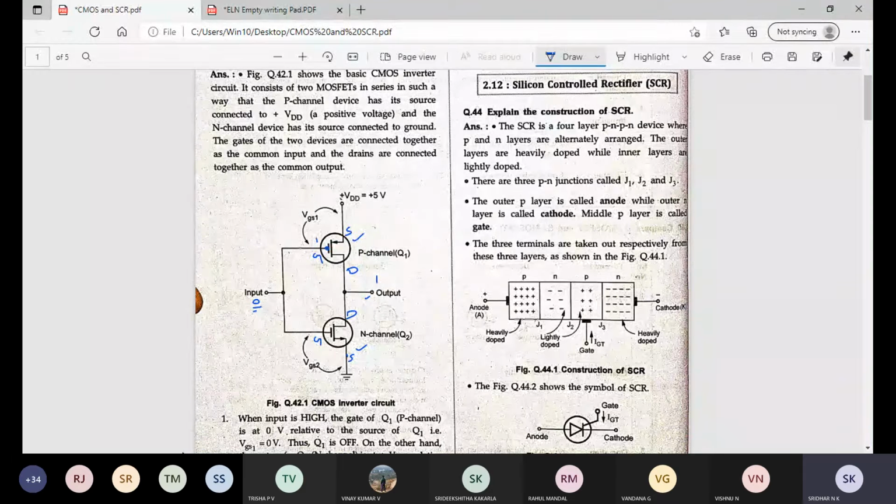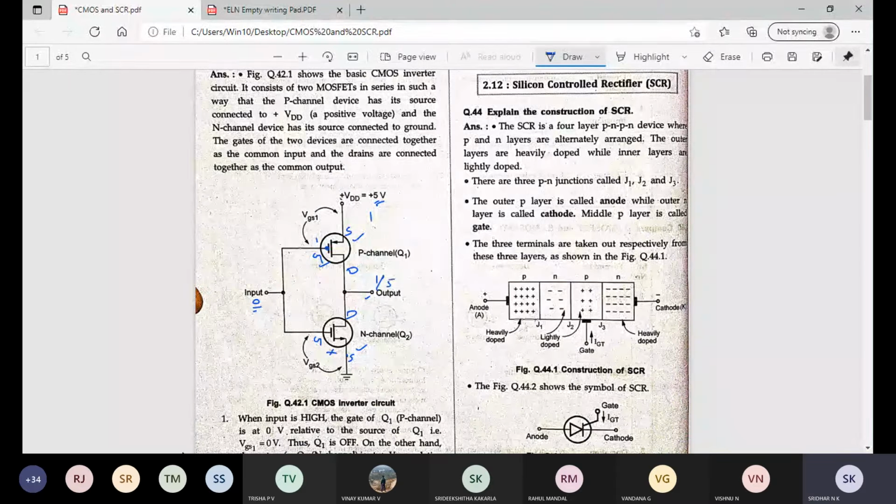The PMOS gate will be short circuited for input 0 and the NMOS gate will be open circuited. Because of this, whatever VDD is there will come out. VDD is 5 volts, which I can represent as 1. So you will get 1 at the output, or 5 volts.